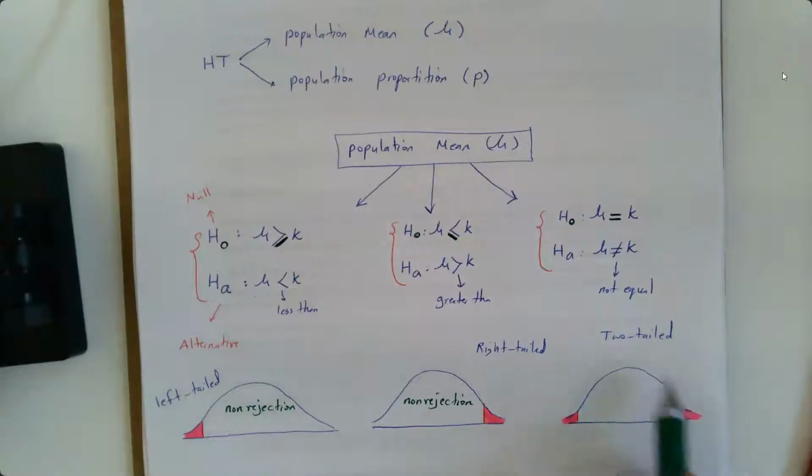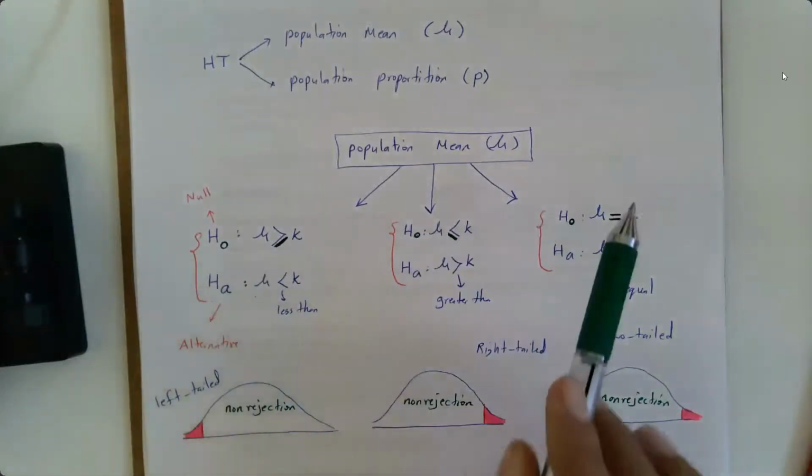And for the two-tailed graph, the middle area is the non-rejection region. Later on, we're going to see if our test statistic is inside the non-rejection region or outside the non-rejection region, which is the rejection region. How do we deal with our null hypothesis?